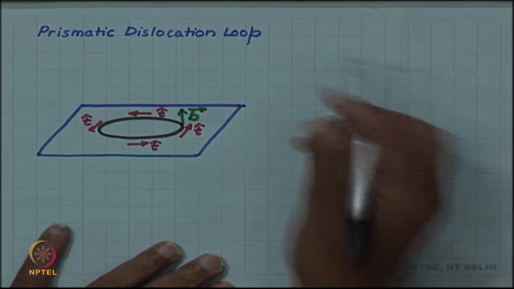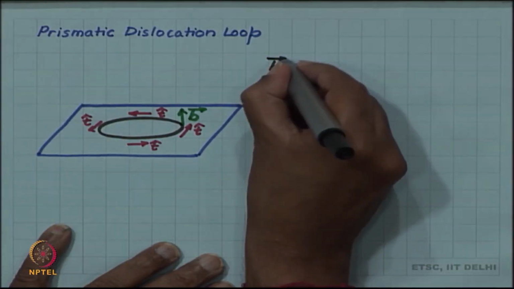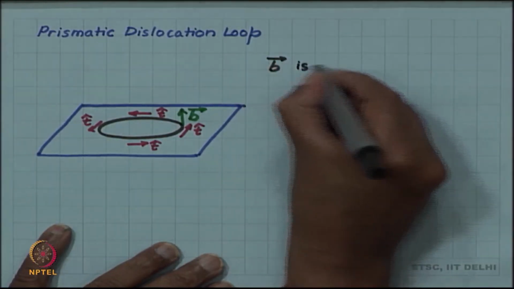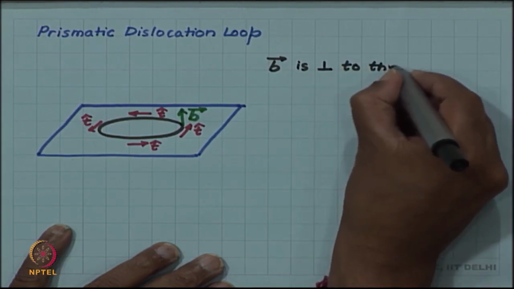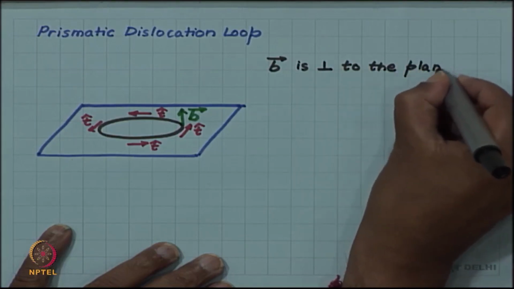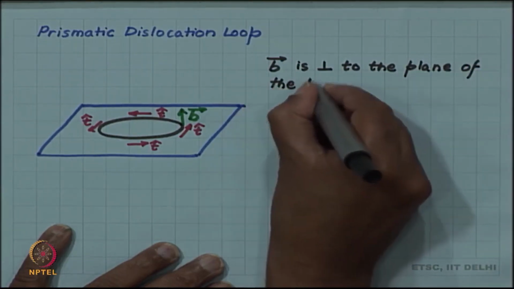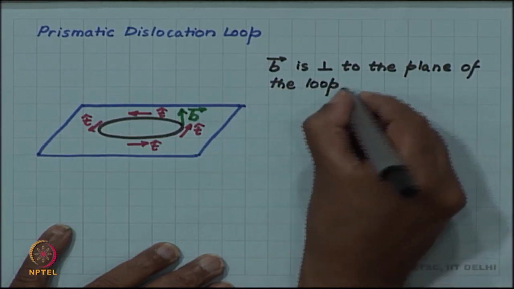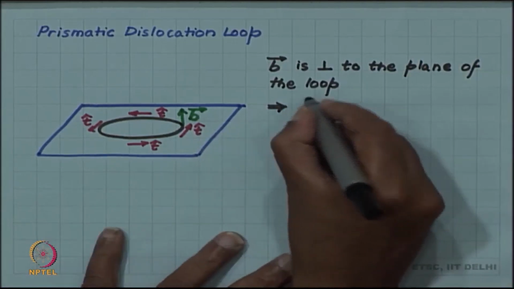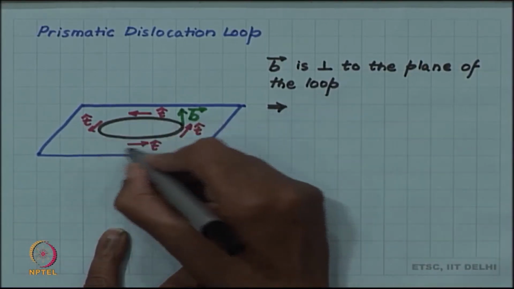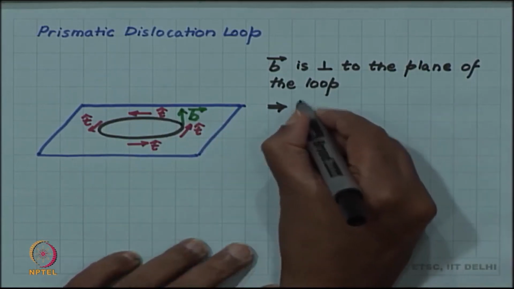So, we can make a note that B is perpendicular to the plane of the loop. So, B will be perpendicular everywhere. For every T vector, B will be perpendicular. So, the loop has an edge character everywhere.